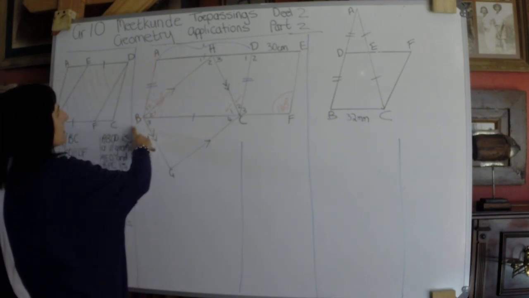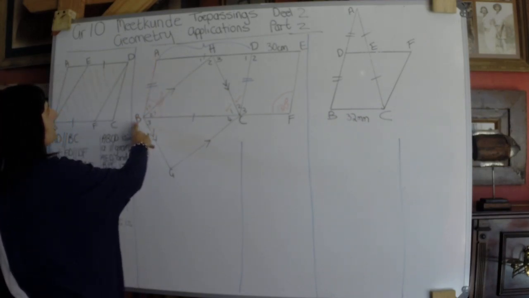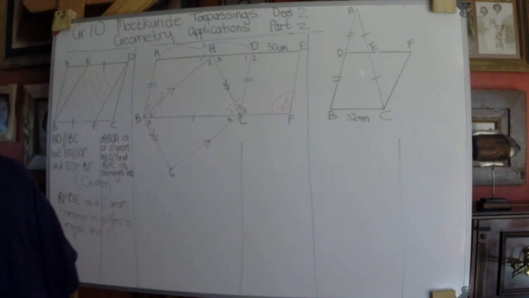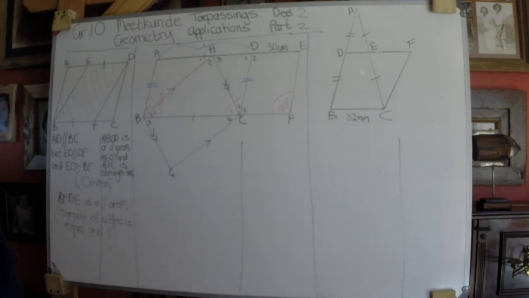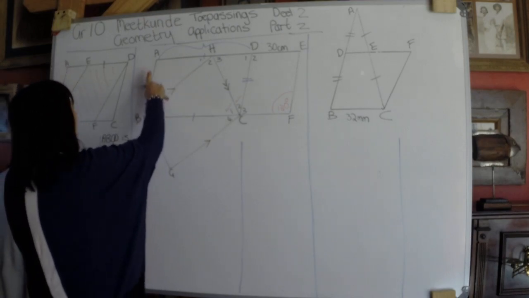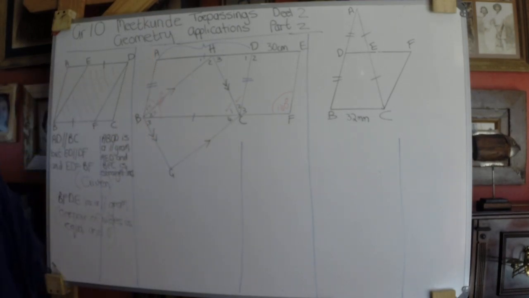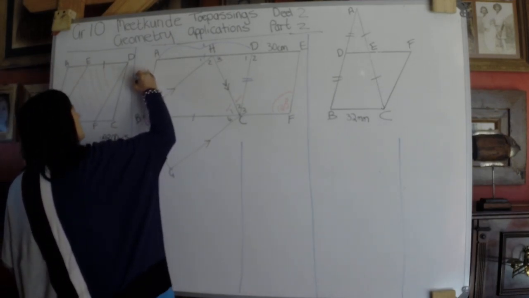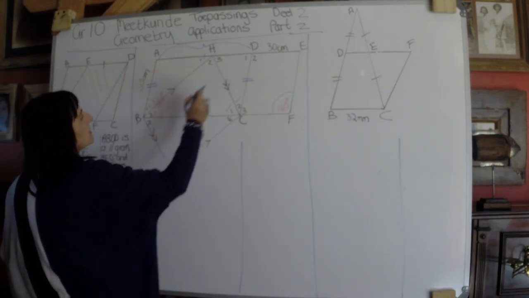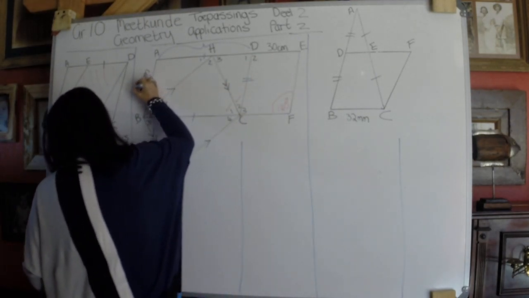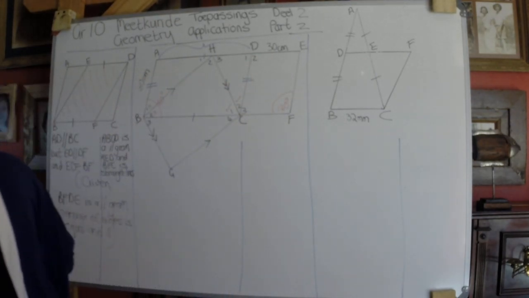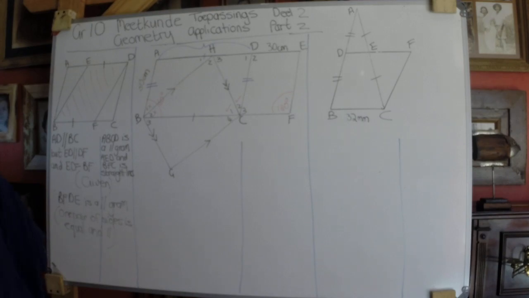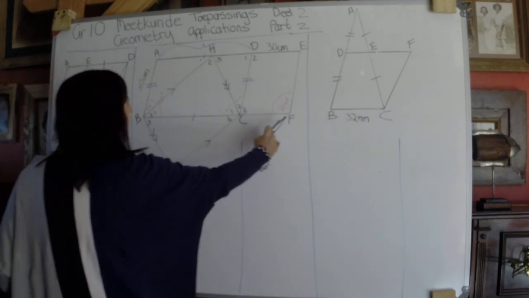AB is ook gelyk aan DE. Let's just quickly read that again. AB equals DE. Ons kan daar sien dat AB is ook 30 cm, and DE also equals 30 centimeters. That's all been given. En dan sê hulle BC word ook verleng na F toe.